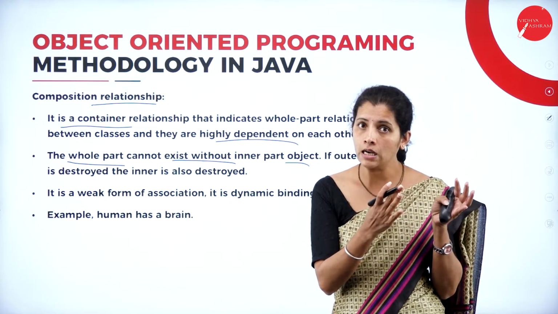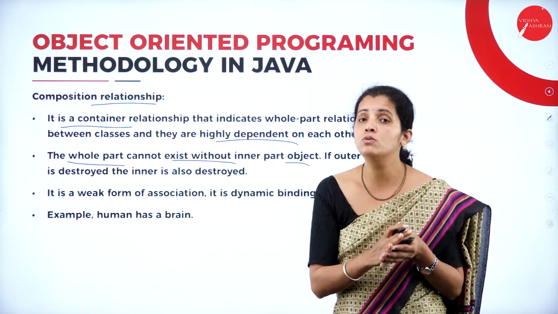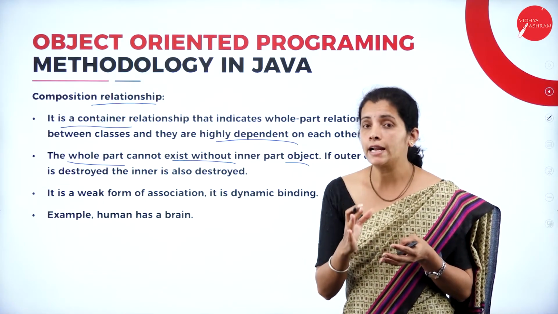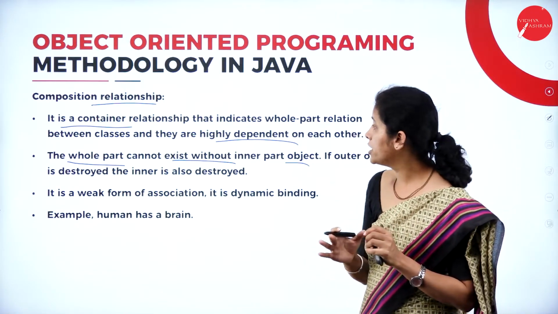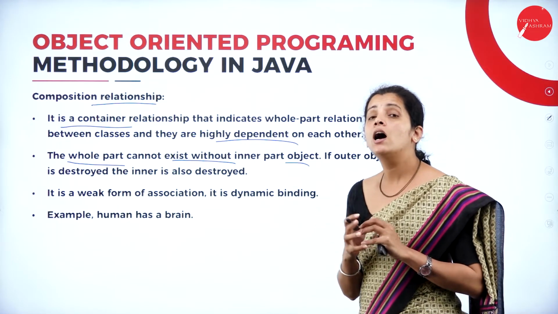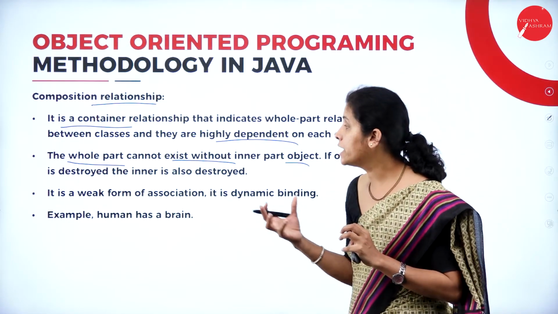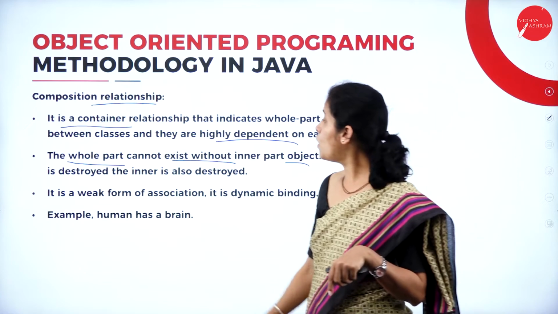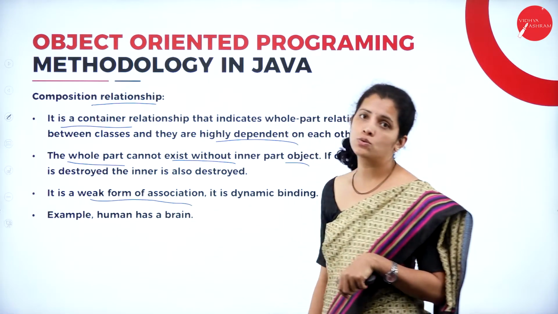Without any one class, it's not possible to perform any activity or any operation, and they are fully dependent on each other, and it is called a weak form of association.